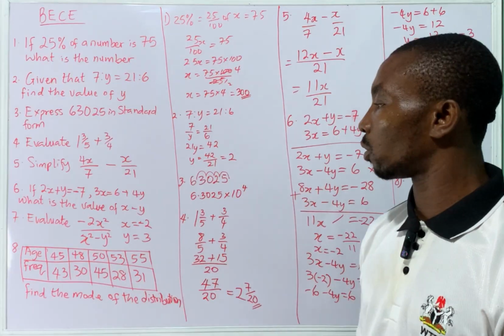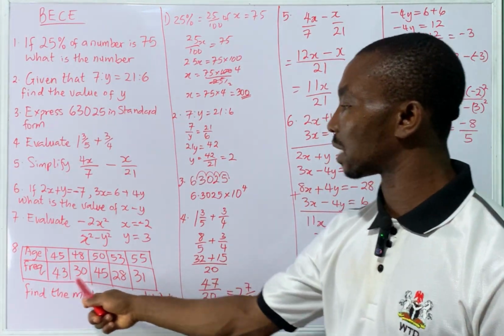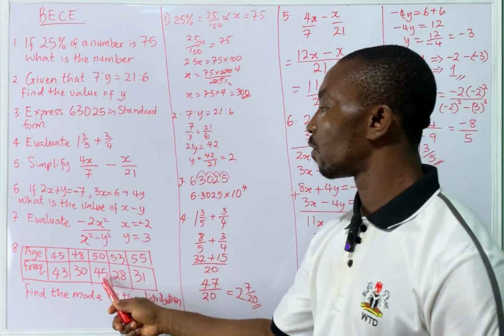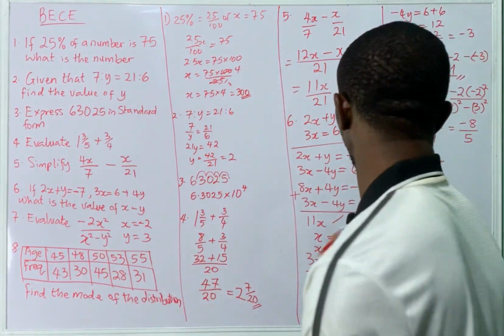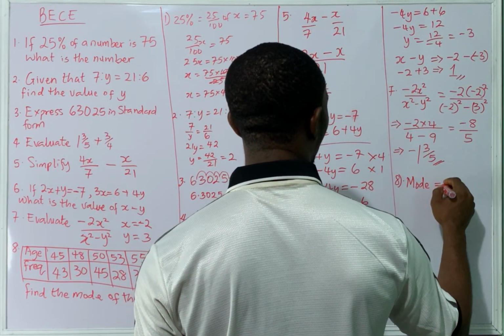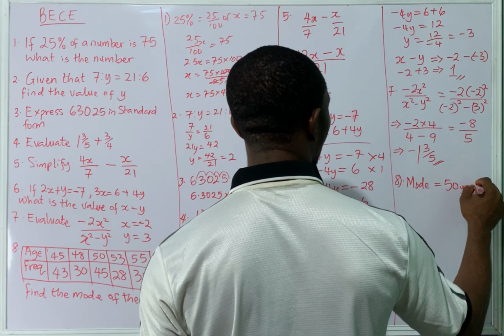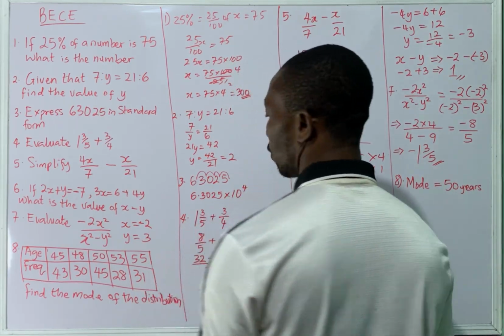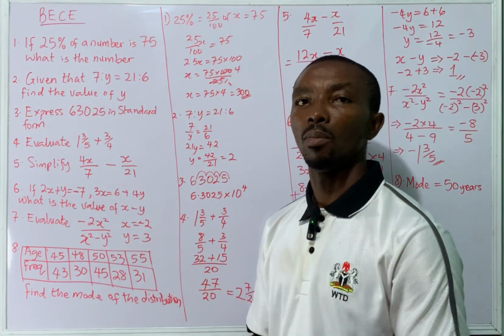So in this case, among all the ages we have, which of them has the highest frequency? We can see 45 is the highest frequency we have here, for 50 years. So our mode will become 50 years, with a frequency of 45. That is our mode.